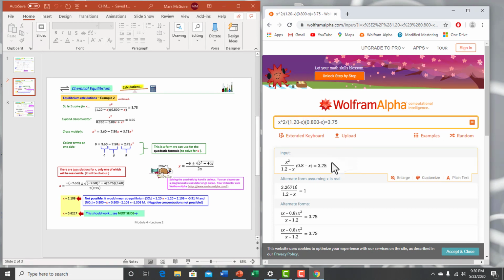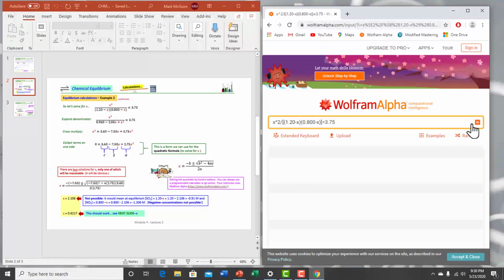That's fine. So what I'm going to do is go back up in this box and put an extra set of parentheses around everything we want in the denominator. And just to make it look nicer, I'm going to put brackets instead of parentheses, although I don't think Wolfram-Alpha cares in the least. I click this icon here.